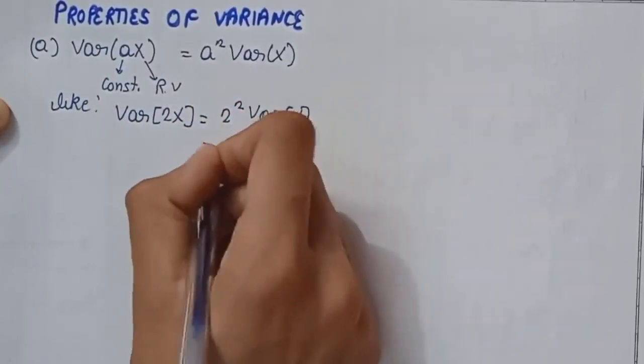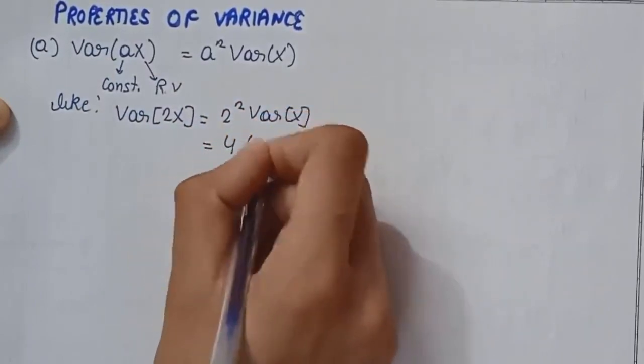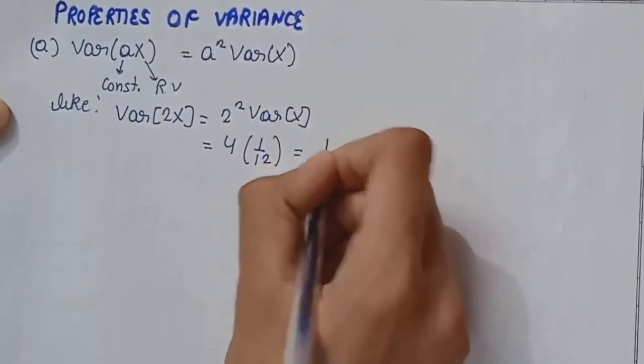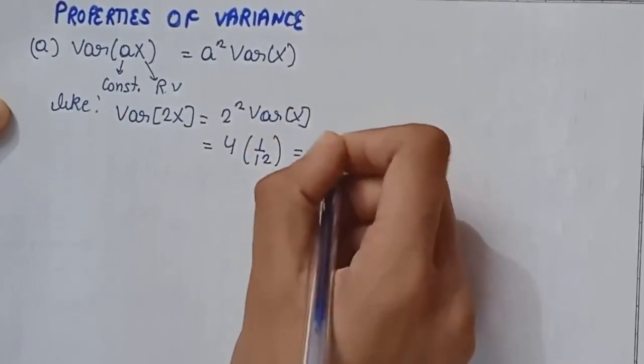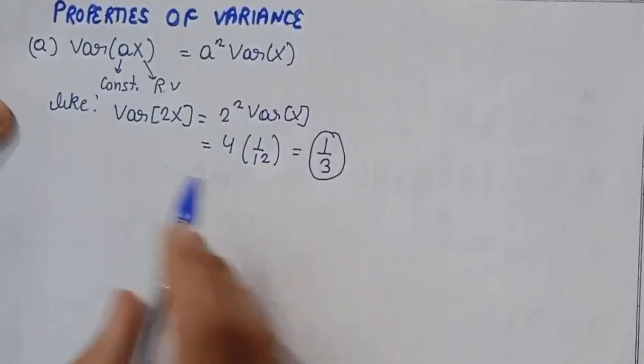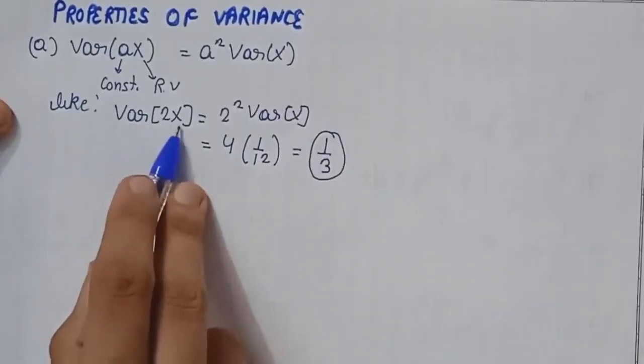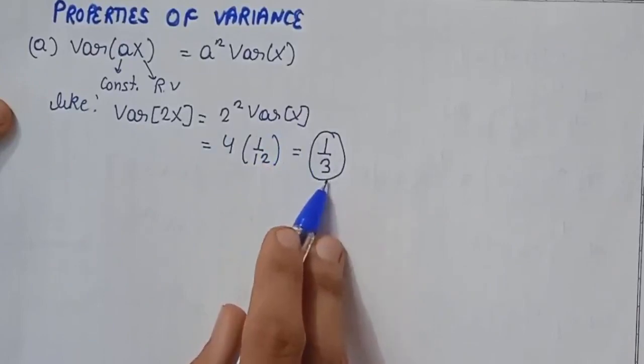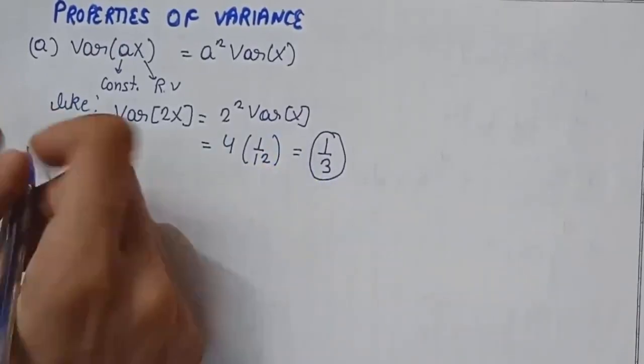And as we have seen, the variance was equal to 1 by 12. So solving this, you get 1 by 3. So using this property, you can tell that variance of 2x is equal to 1 by 3.